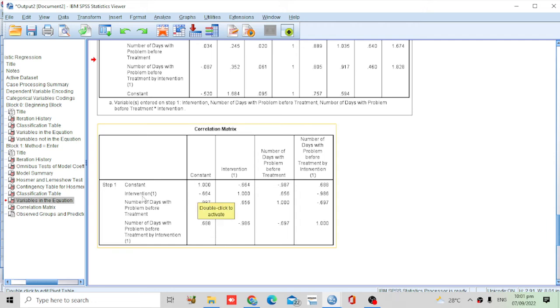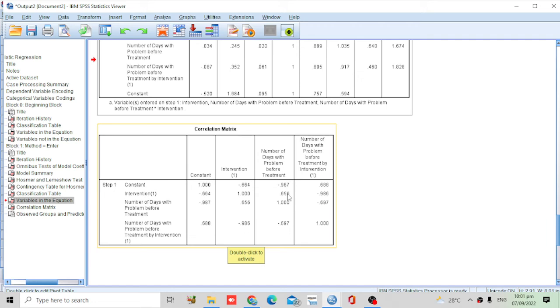As you can see in our correlations matrix, we have the number of days. So there exists a multicollinearity between the number of days with problem before treatment. So we will expect there is a collinearity in our final model.